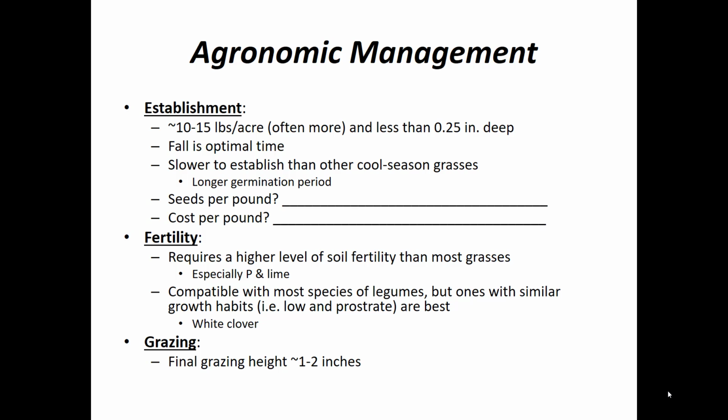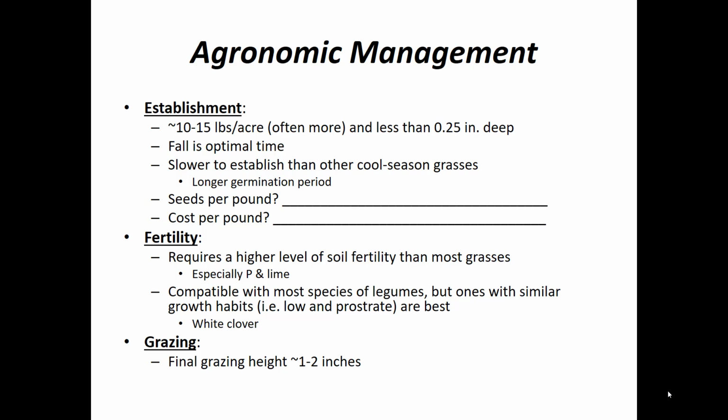Now, when we are establishing horse pastures, many times the farm will use 50 pounds of a seed mix or more. The seed mix may be bluegrass plus orchard grass, or bluegrass plus some orchard grass and perennial ryegrass, but typically they will not use the minimum seeding rates for bluegrass.